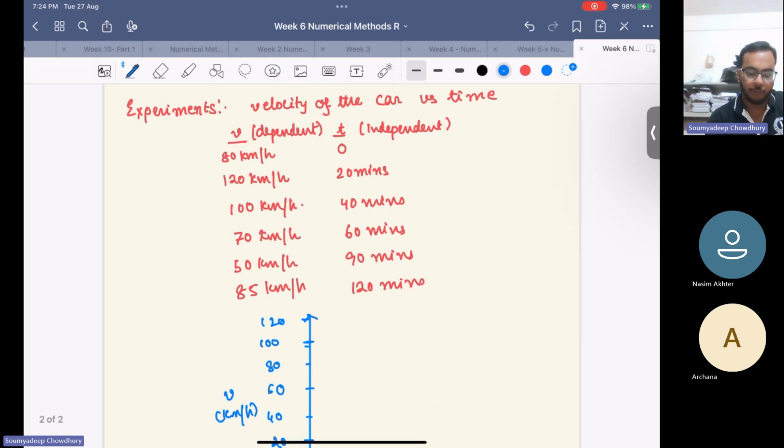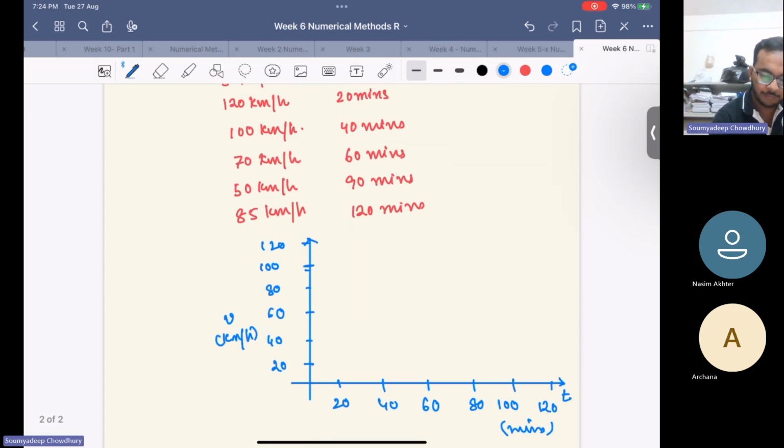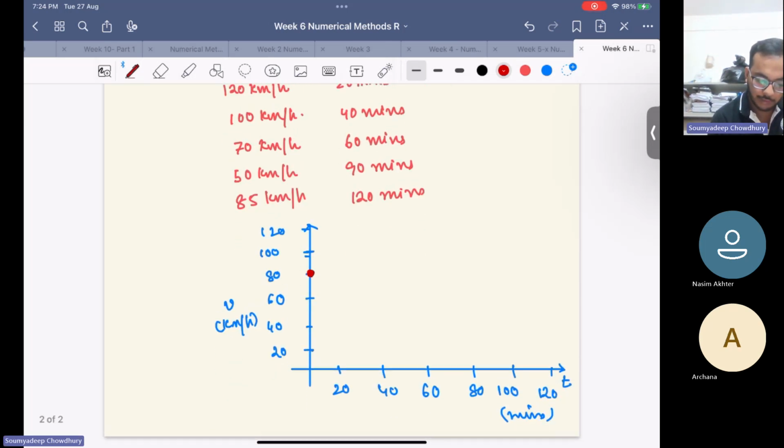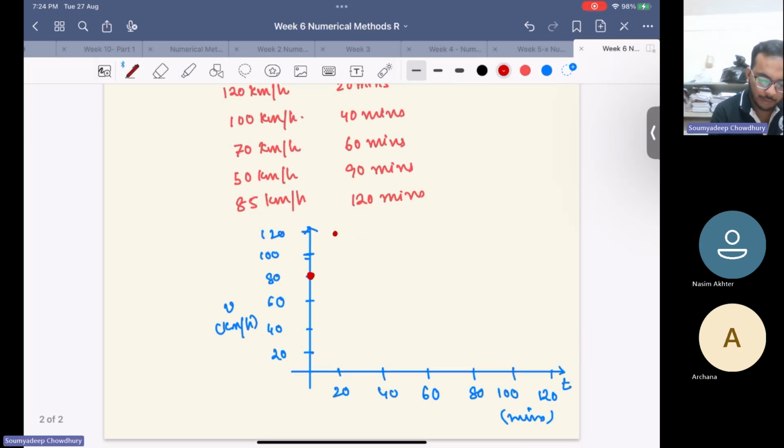So now if you want to plot this data, so at 0 it is 80, right? So it is this point. Then at 20 minutes it is 120 kilometers per hour. So approximately here. At 40 minutes it is 100 kilometers per hour.